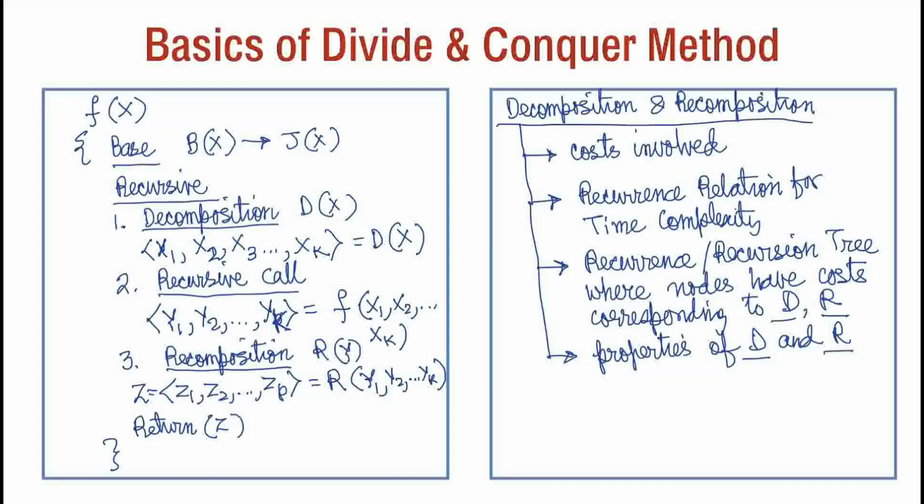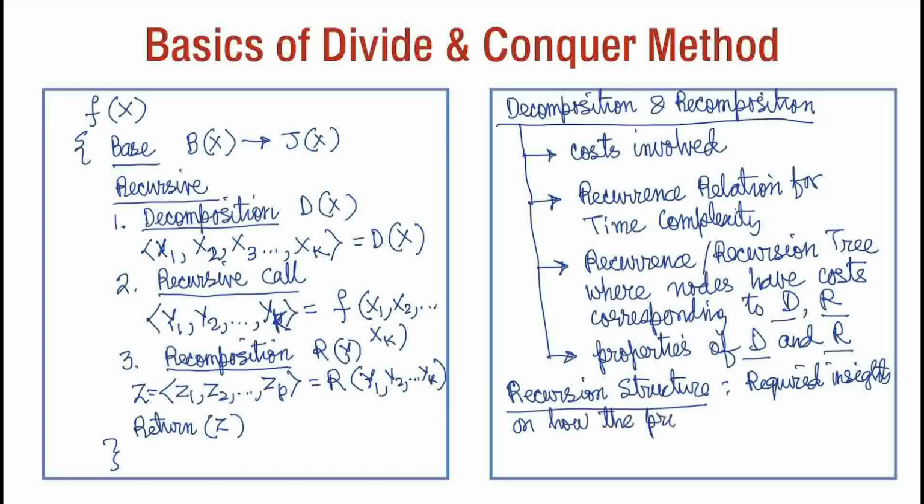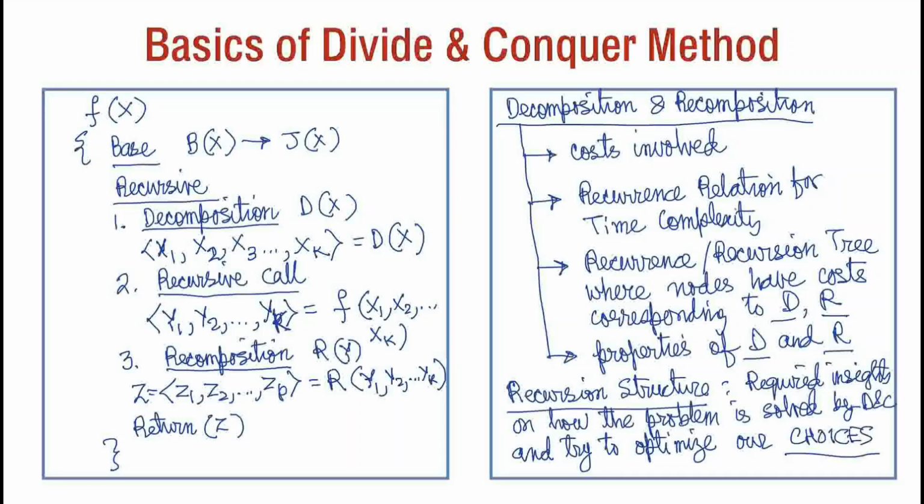So, other than the decomposition and recomposition functions, the other important part is the recursion structure, from which we create our required insights on how the problem is solved by D and C, where D and C means divide and conquer, and try to optimize our choices in the divide and conquer approach, both in D and R.